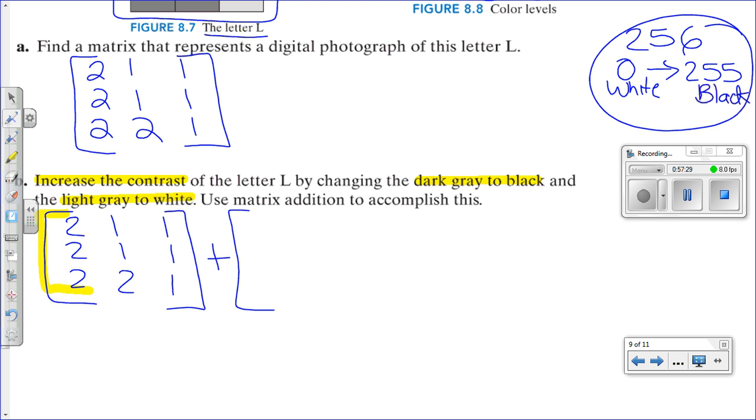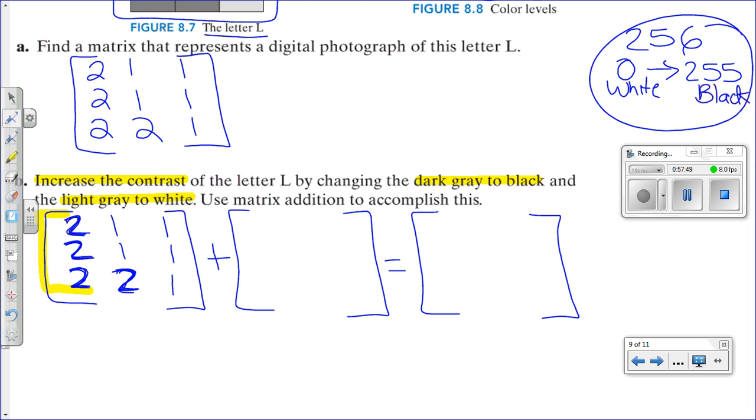We're going to add a matrix. And what we want to end up with is darker shades of gray, we want to turn those into black.